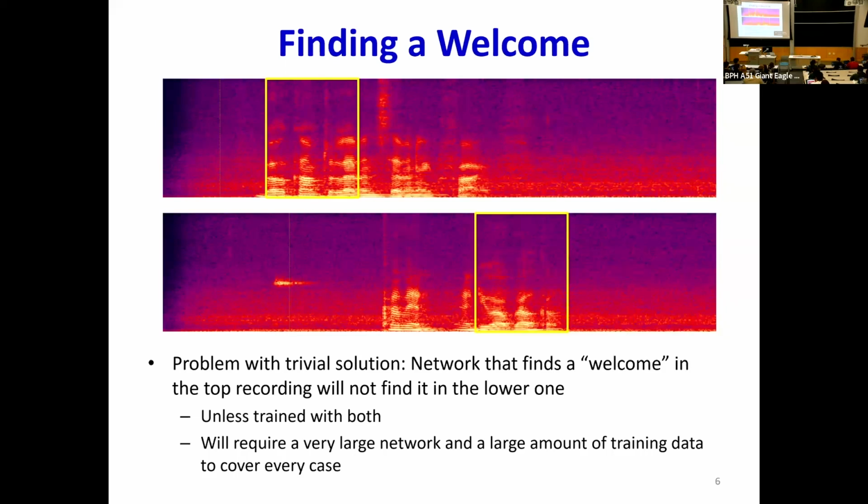So let me simplify the problem for you. Suppose I have a network which has been trained to recognize this. Now, will it also fire if the input is this? Yes or no? Why not?